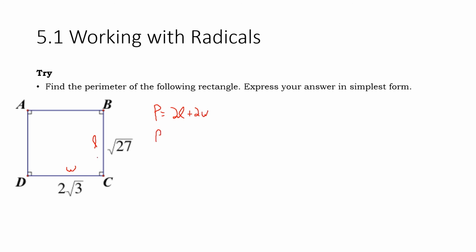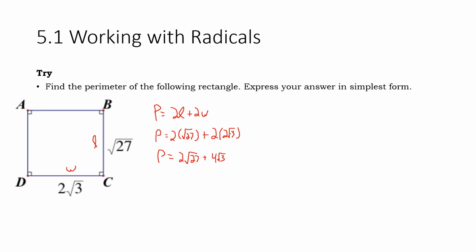Substitute in our lengths and our widths. And we get 2 times root 27 plus 2 times 2 root 3. So if we were to do that, we would have 2 root 27 plus 4 root 3.